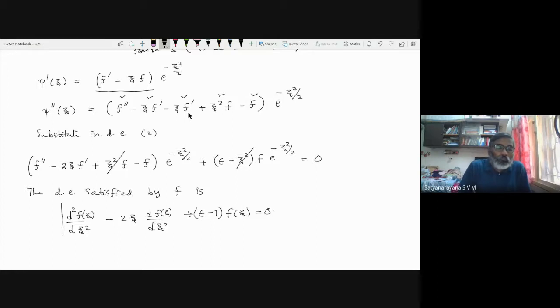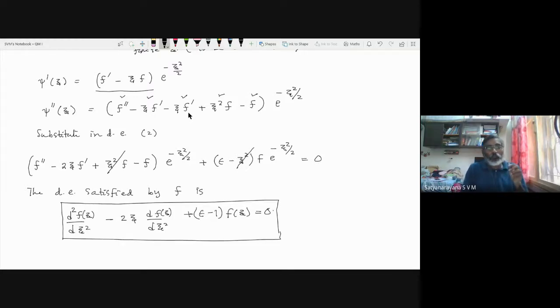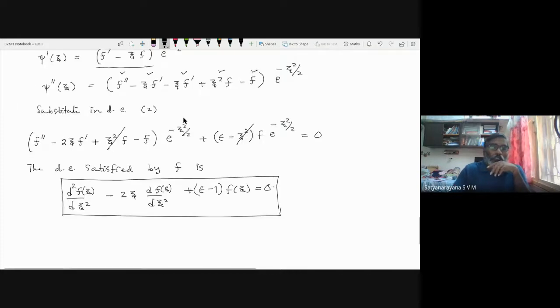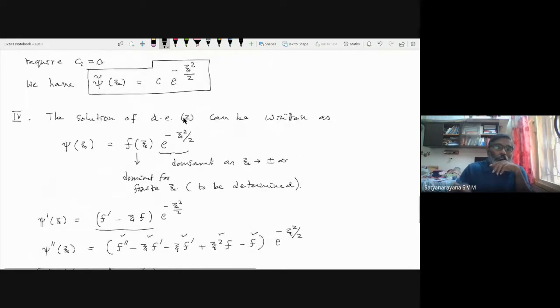So this is the differential equation that you will have to consider. By solving this differential equation, you will be able to find out what is the function f of psi. And if you know the function f of psi, then you can know the function psi of psi, because psi of psi is f of psi into e to the minus xi square by 2.